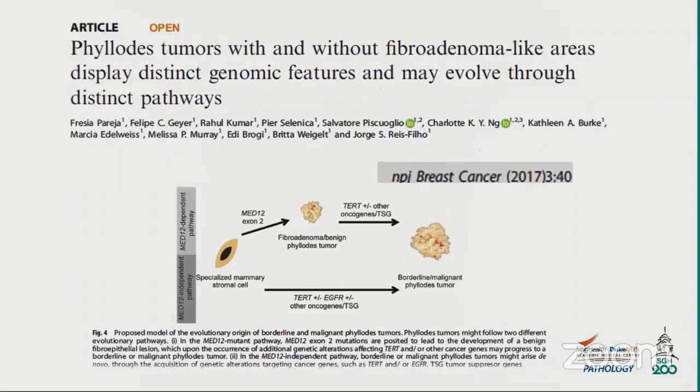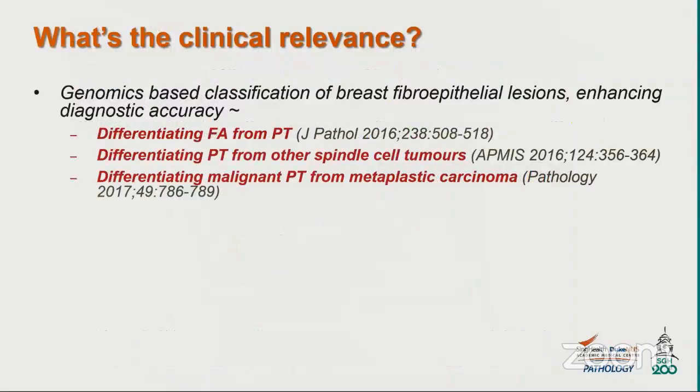This is an article reviewing the evolutionary origin of borderline and malignant phyllodes tumors, and apart from the MED12 dependent pathway, there is a MED12 independent process which goes through abnormalities in TERT, EGFR, and other oncogenes.